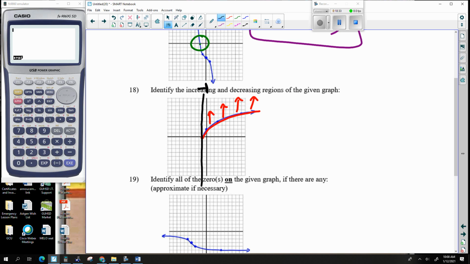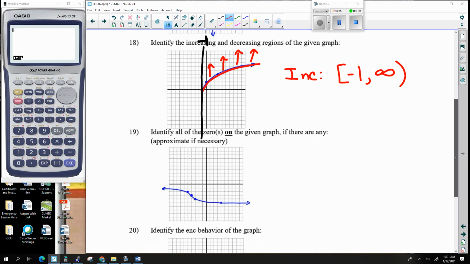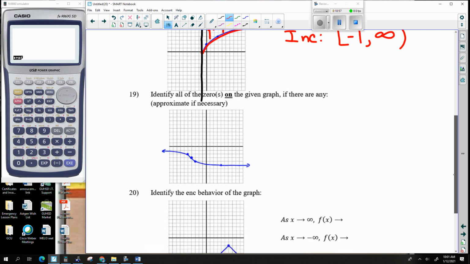So this picture is increasing from -1 to infinity. Again, I don't care how much it's going up and down. I have to define this as being intervals in the x, not the y. So there is no y coordinates. It's all going uphill, left to right. Don't ever go right to left.